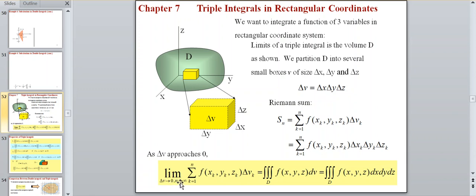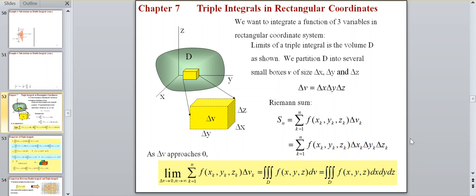When we take the limit when n approaches infinity, we can show that the limit of this Riemann sum exists and is defined to be the triple integral of f on D, which is denoted like this: triple integral of f dv on D. And this dv is dx, dy, dz, or later we will talk about the order of the integration.